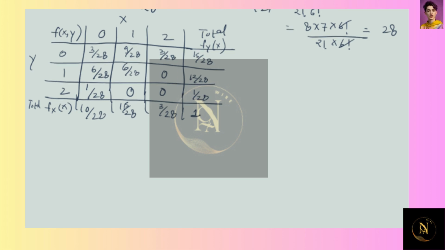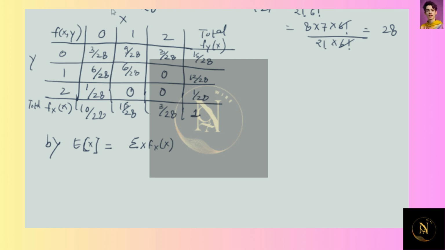Let us see what to calculate in our B part. In B part we need to first calculate the EX. Now to find the EX, the formula is sigma or summation of x into f of x.